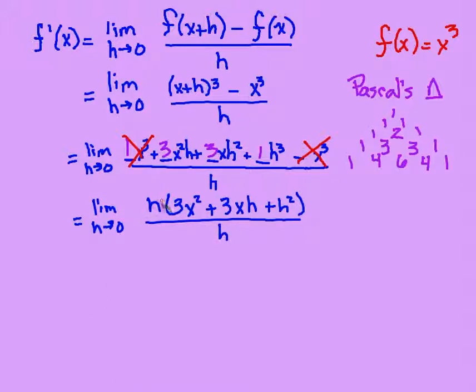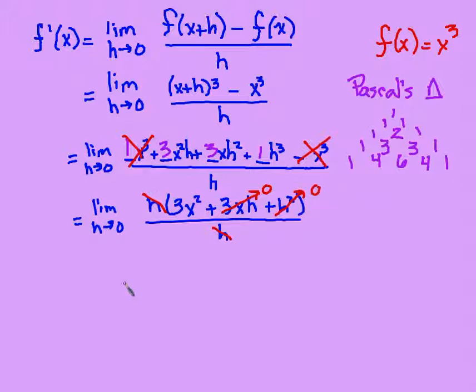We end up then with an h in the numerator and h in the denominator. These reduce to 1, which then leaves us with this. And what we notice is that as h approaches 0, this term here is going to approach 0, and this term will also approach 0.